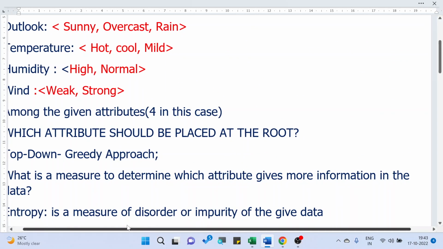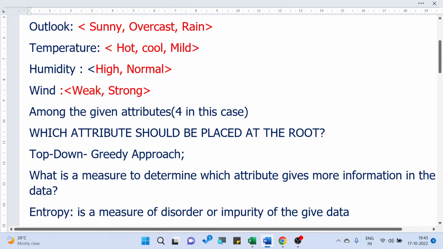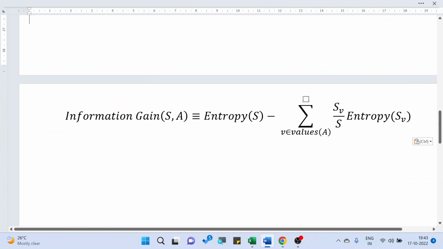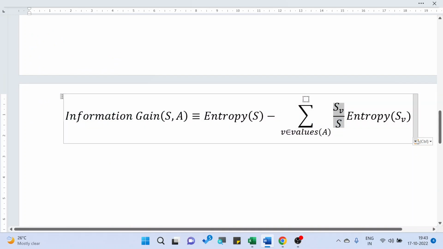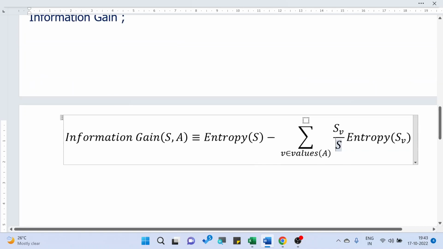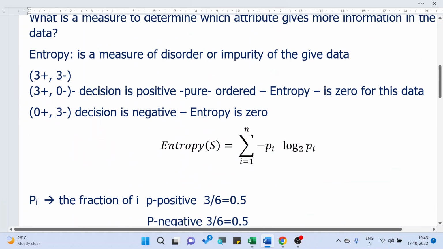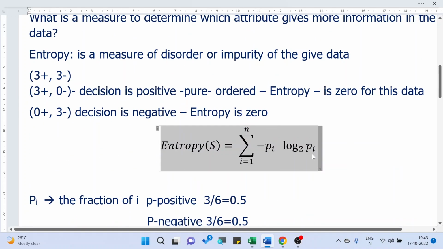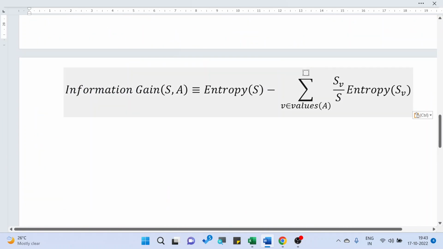Outlook has the values sunny, overcast, rain. So, total entropy minus number of examples of outlook by total number of examples into entropy of that attribute. We will understand it while we calculate that. So, with these two formulae, number 1 calculating entropy, number 2 calculating information gain for each attribute.